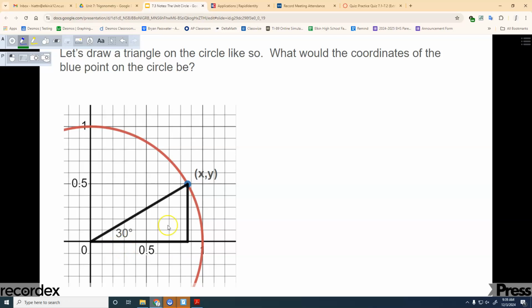For this triangle, the only thing that I know is that this point is on the edge of the graph and that this angle right here is 30 degrees. So, if this is the point x, y, that would mean this horizontal side right here is x, and this vertical side right here is y.